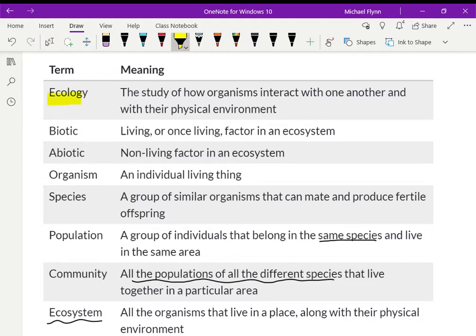Okay, so first of all, what is ecology? Well, ecology is the study of how organisms, which are living things, interact with each other and with their physical environment. Okay? So how, let's say, a lion interacts with a zebra is part of ecology, right?